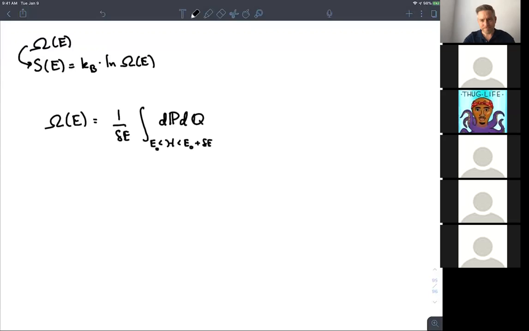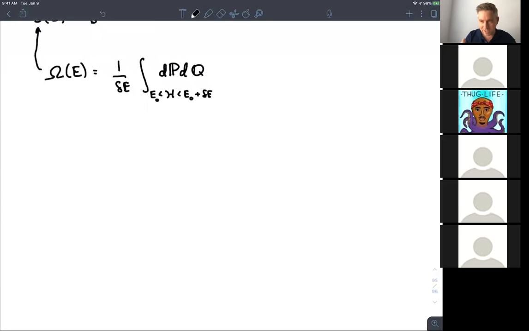Okay, so now, again, one of the primary reasons you want to calculate this thing is to plug into here in order to get what the entropy is. So once you calculate this thing, you're probably going to wind up taking a logarithm of it. Okay, so now once we have this, we can calculate the entropy by taking the logarithm of it.